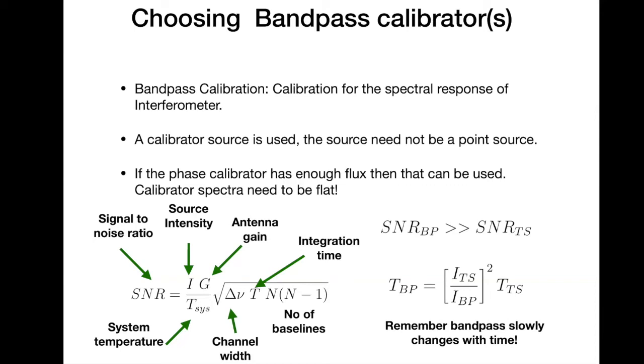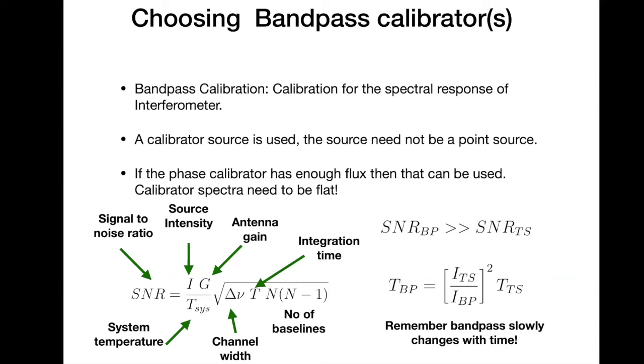But you can use the flux calibrator as well if it is a bright source, and if you know that you have an instrument for which the bandpass does not change with time. There are very stable instruments. Instrument means all the electronics after the antenna, for which the bandpass remains constant with time.